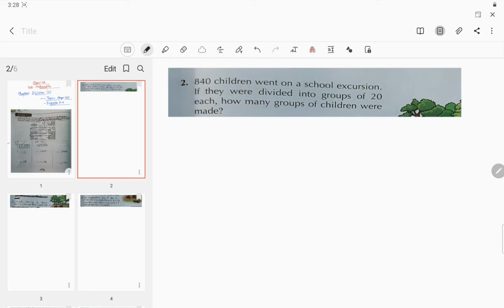Question number 2 says that 840 children went on a school excursion. If they were divided into groups of 20 each, how many groups of children were made? So how to solve?